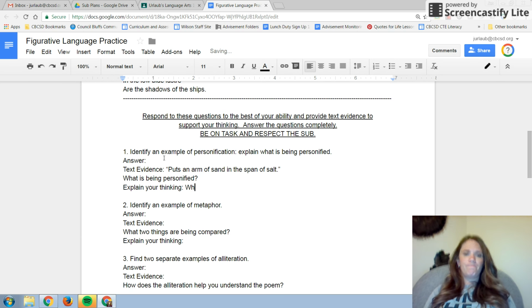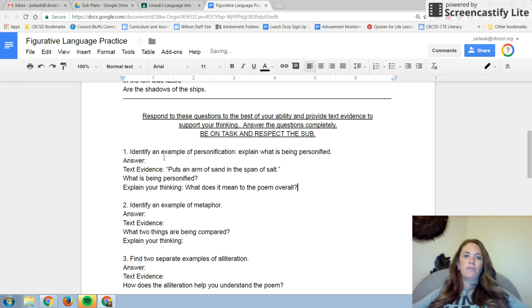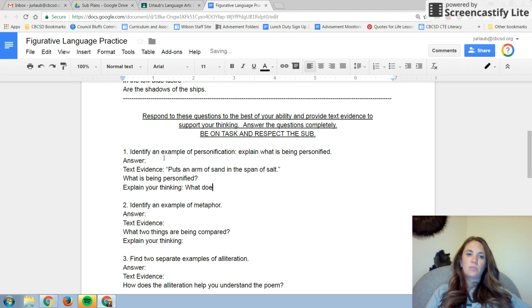So kind of explaining your thinking is like, what does it contribute to the poem overall? What does that personification do for the poem to make it a better poem? So I want you to kind of think about that and explain your thinking. So you're going to answer the question, cite your text evidence, tell me what's being personified.